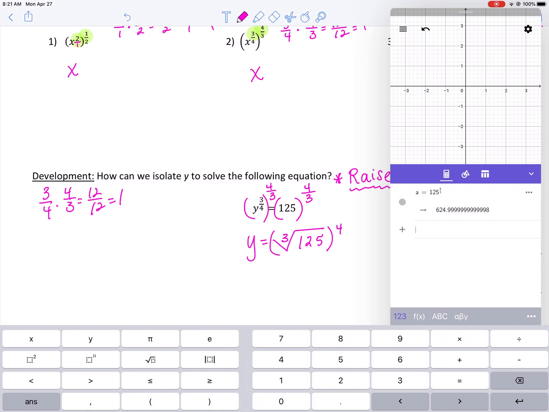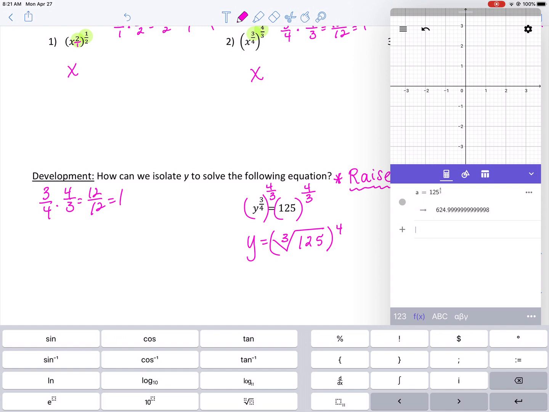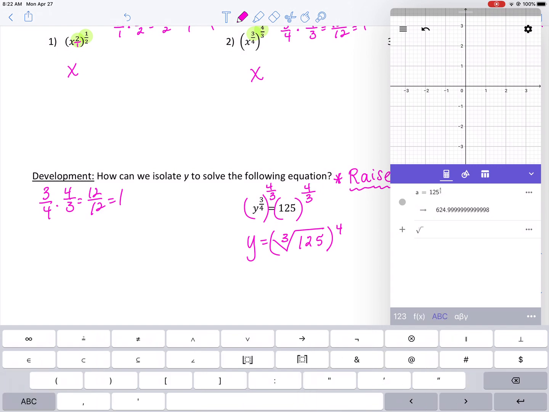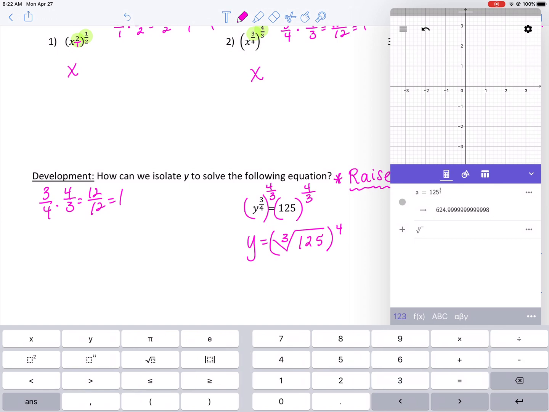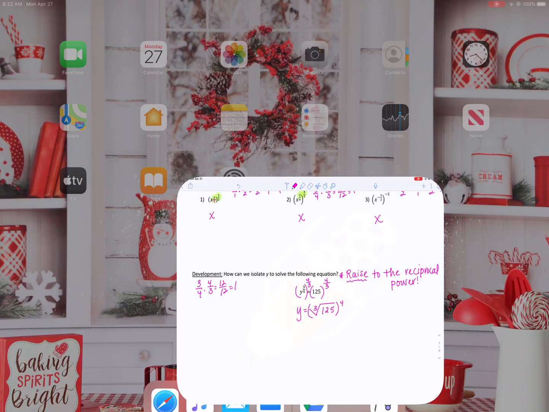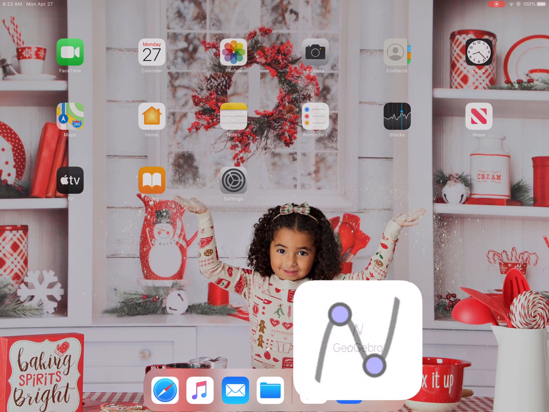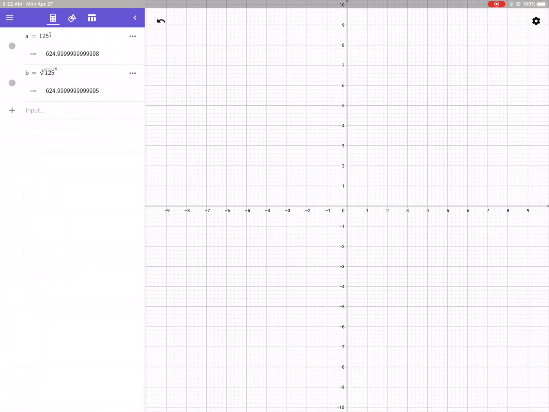Let's say I go into f of x and use the number under the log, that blank root, and go back to ABC, 1, 2, 3, cubed root of 125, and then I raise it to the 4th power. I don't know why it's not showing fully. I'm going to check my settings a second.